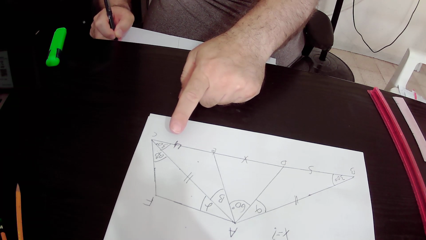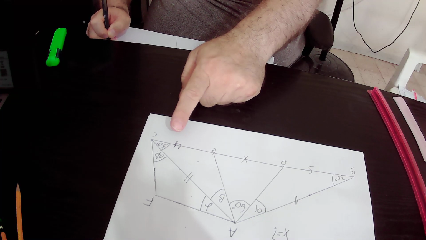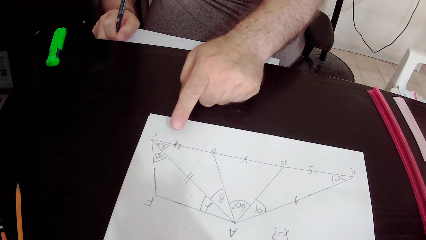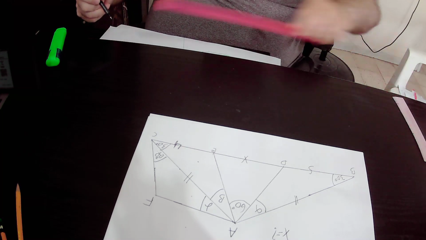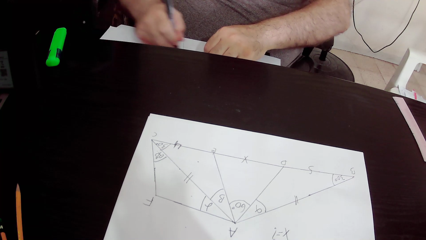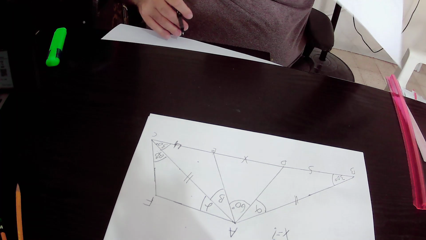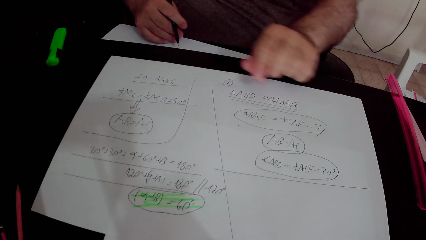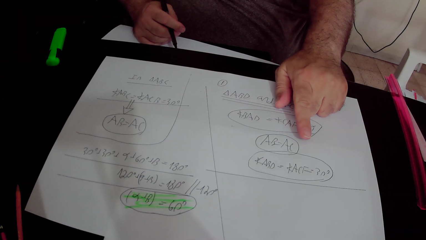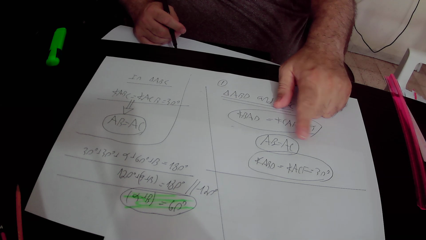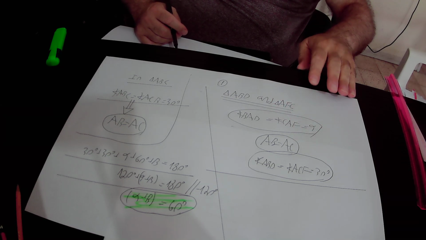They are both equal to 30 degrees, therefore they are equal to each other. I repeat again, angle ABD equals angle ACF. They are both equal to 30 degrees, therefore they are equal to each other.